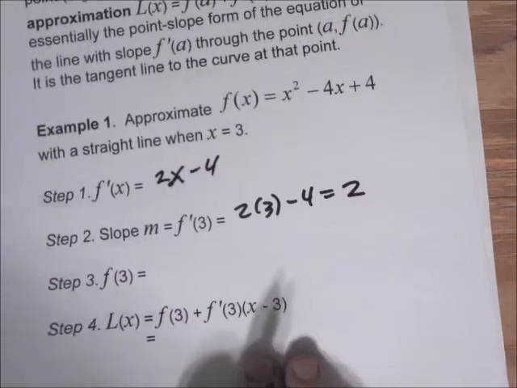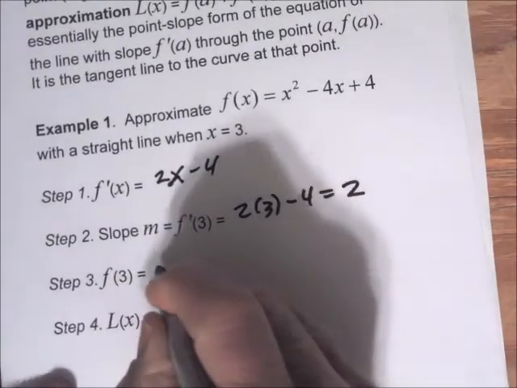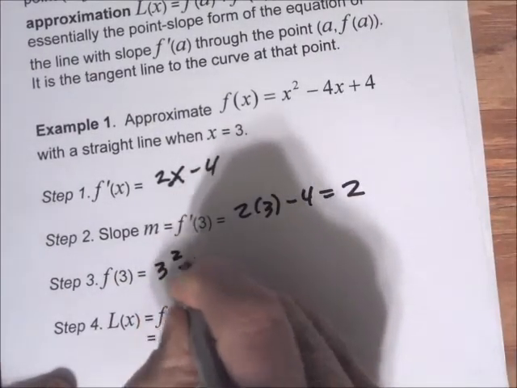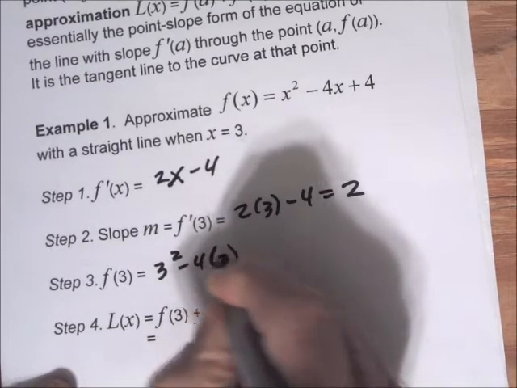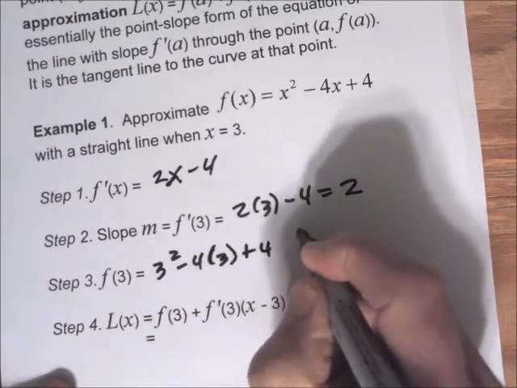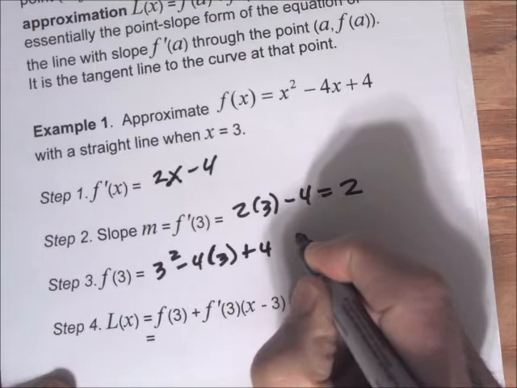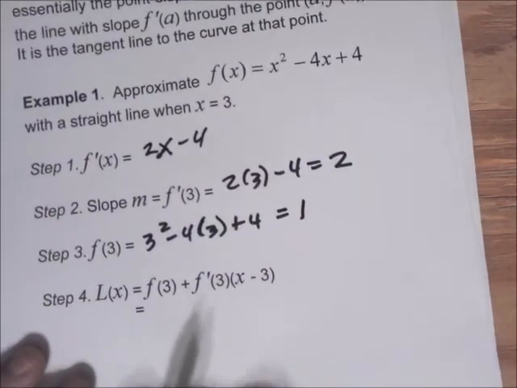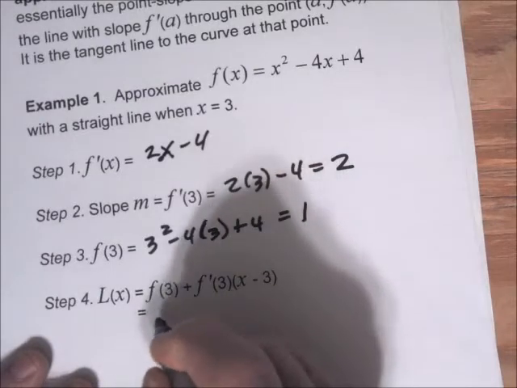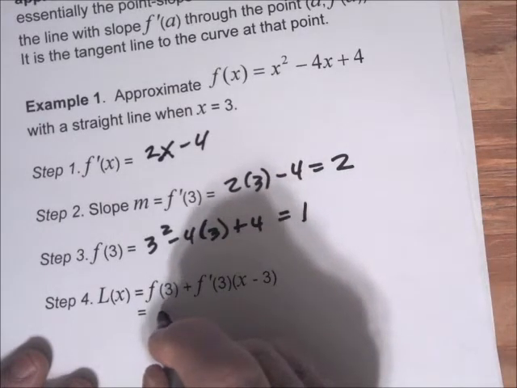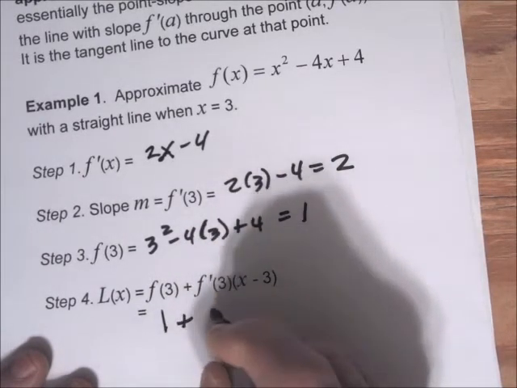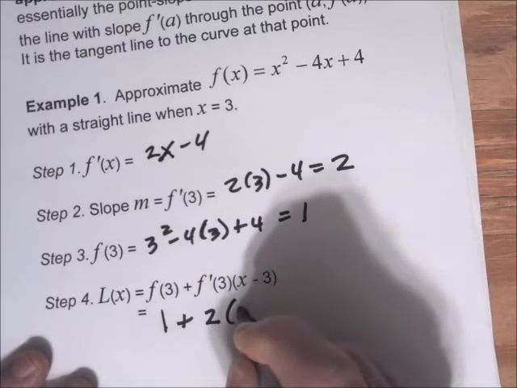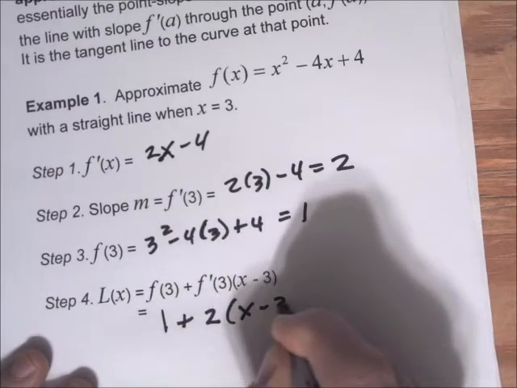And then we also want to compute f of 3 with the original formula. That'll be 3 squared minus 4 times 3 plus 4, which is equal to 1. Okay, so then we can plug in: L of x is equal to f of 3, which is 1, plus the slope, which is 2, times the quantity x minus 3.